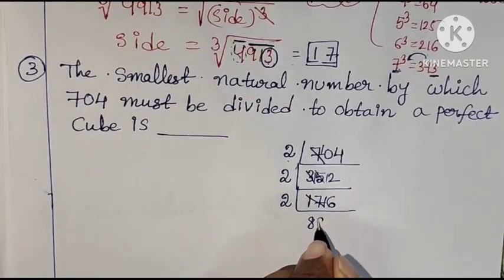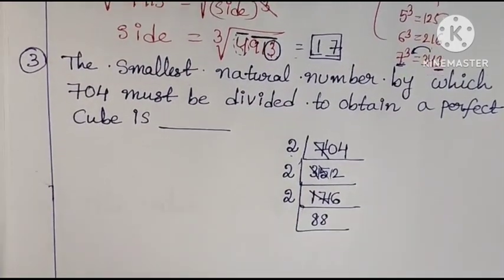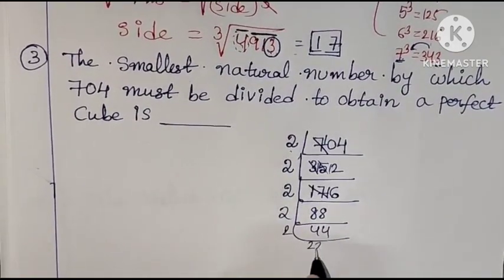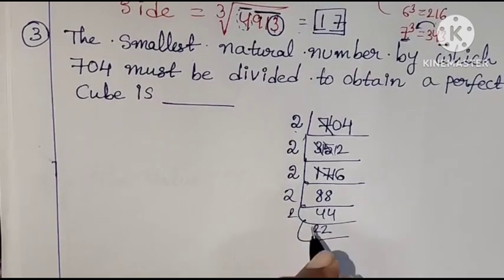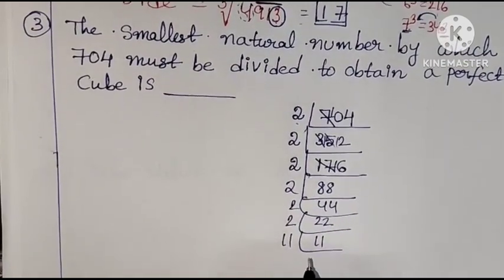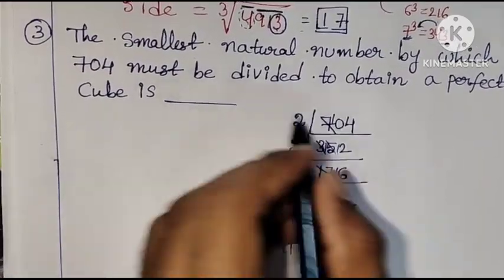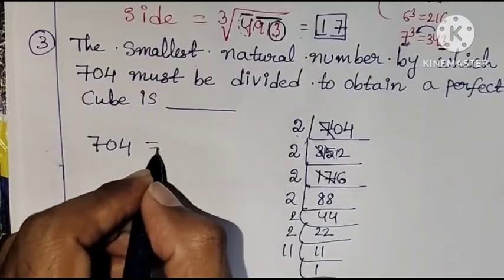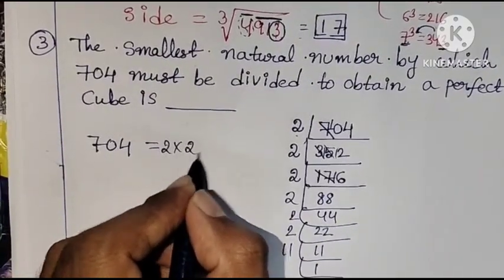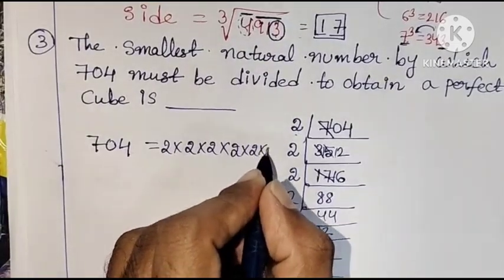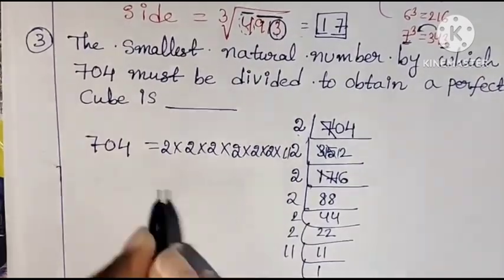Again 2 8s are 16. Next 2 44s are, 2 22s are, again 2 11s are, and let us use the 11 table. 11 ones are 11. Now the prime factorization of 704 is 2 into 2 into 2 into, how many? 6 times 2, into 11.